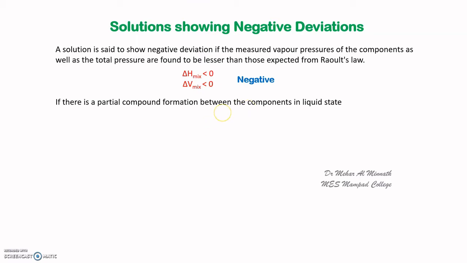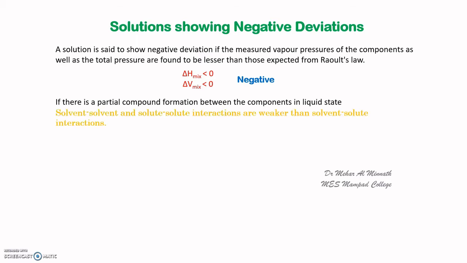Also, if there is a compound formation between A and B, that means A and B are interacting and they are forming a compound, then also we'll get a negative deviation.